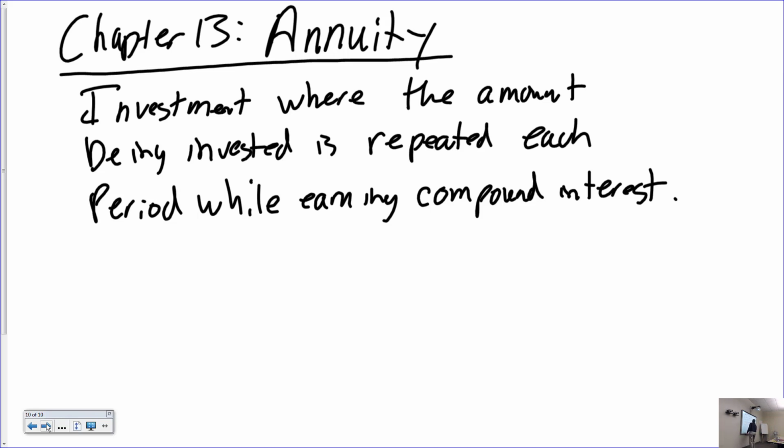Please note that it does need to be invested every period, okay? And note that the investment and the compounding are always going to be the same period. So if you're investing monthly, you will compound your interest monthly.